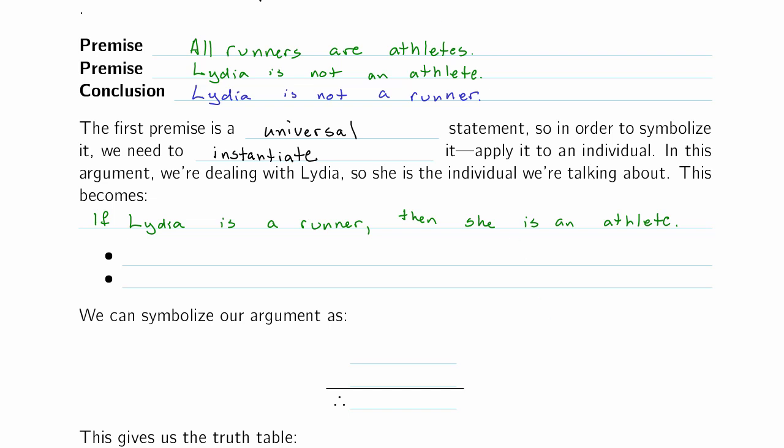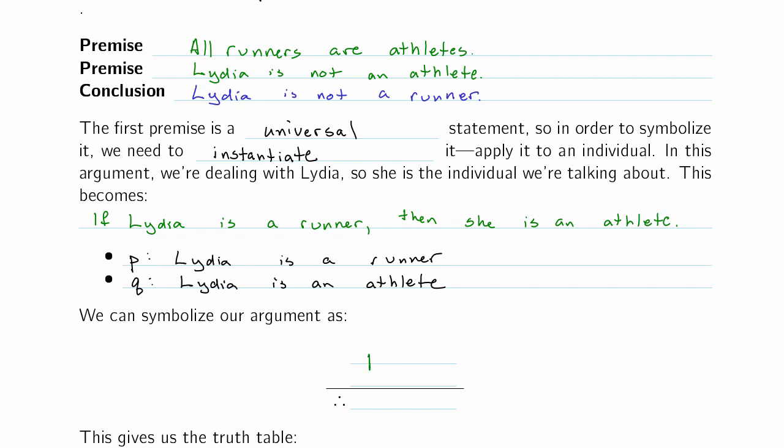Because now we need to find the simple statements. With our first premise instantiated like that, it's easy to see what the simple statements are about Lydia. Because our simple statements are Lydia is a runner, we'll call that P, and Lydia is an athlete, we'll call that Q. Our first premise, all runners are athletes, means if Lydia is a runner, then she's an athlete.